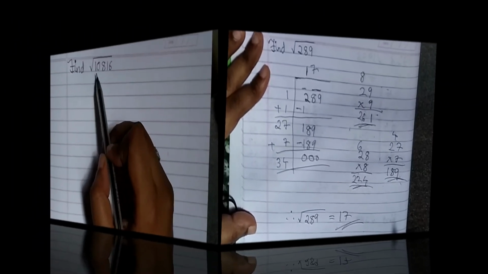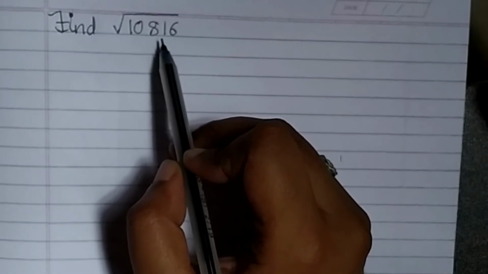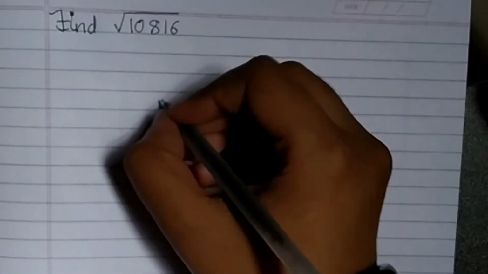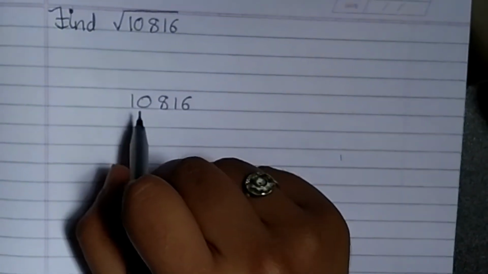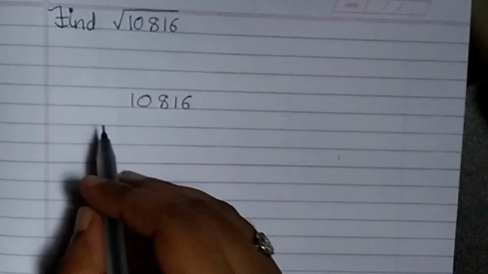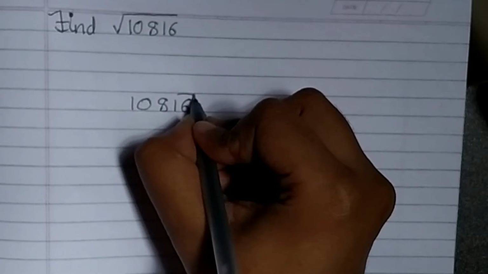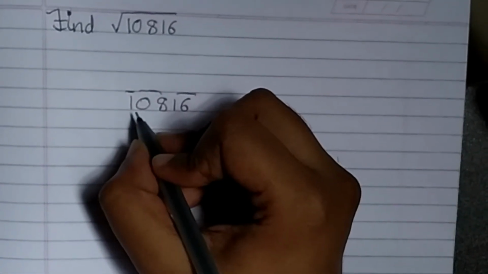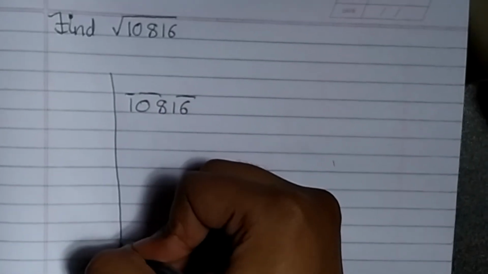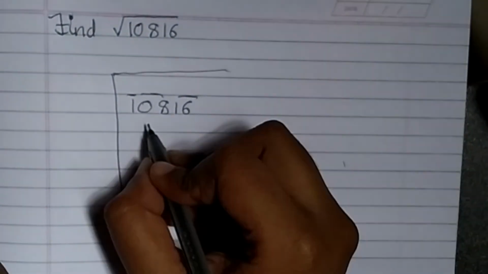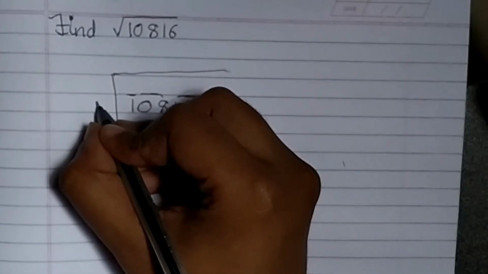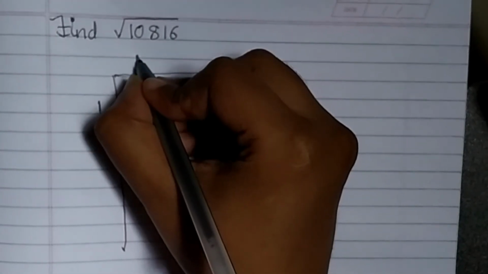Find the square root of 10,816. So we will do the same by the division method. From the units place, we will form groups of two numbers. So this 2 will be one group, this will be one group and this 1 is one group. Now see, the perfect square is 1, 1, and here also we will get 1.